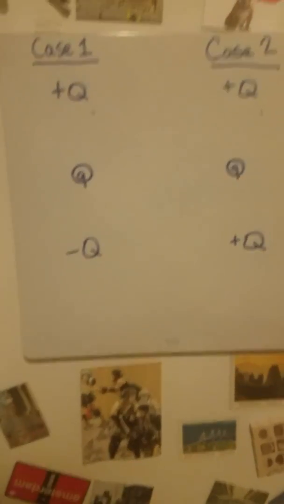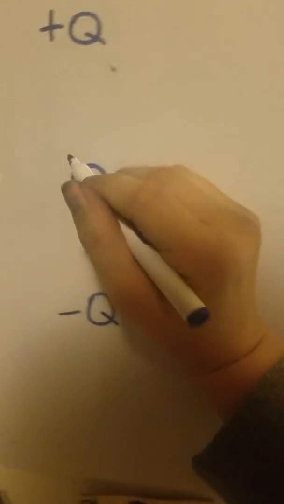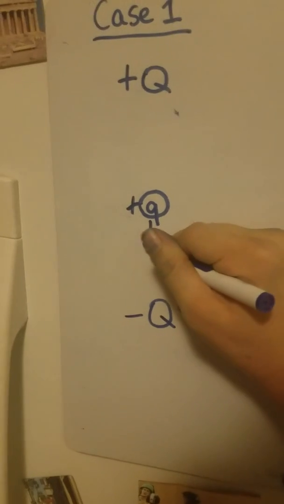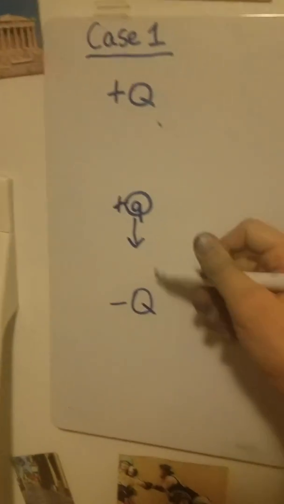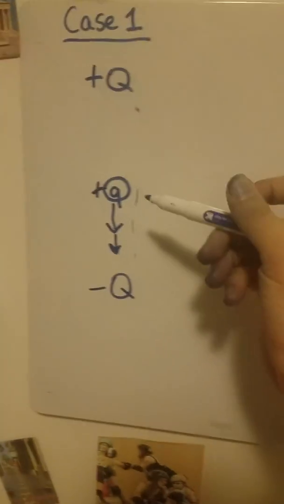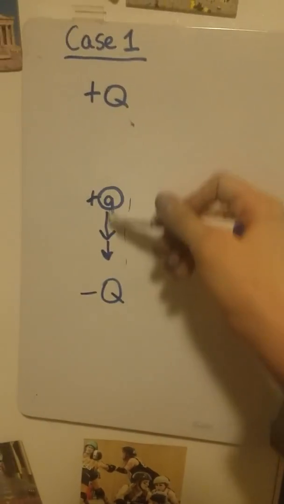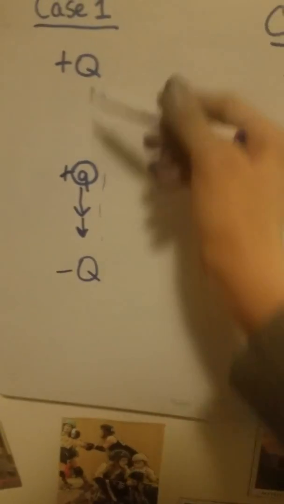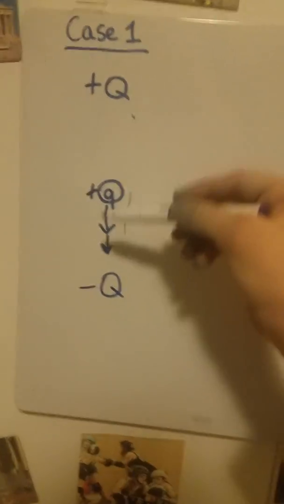So let's first imagine the scenario in which little q is positive there. In this case, these guys would repel, and these guys would attract. So it's got two forces pushing it downward, the repelling from the top force and the attraction from the bottom one.